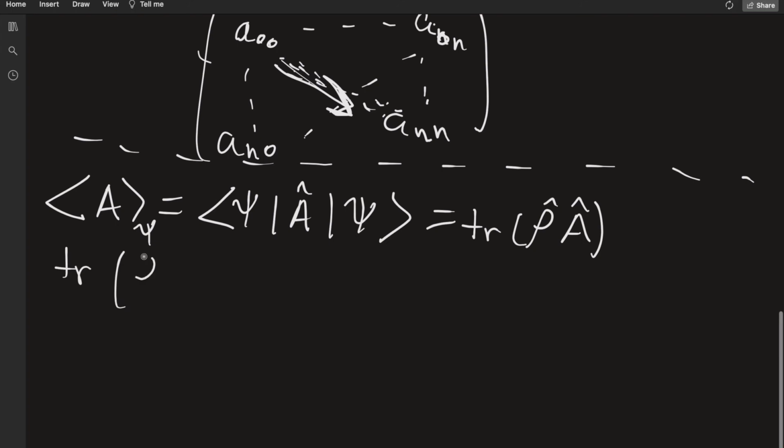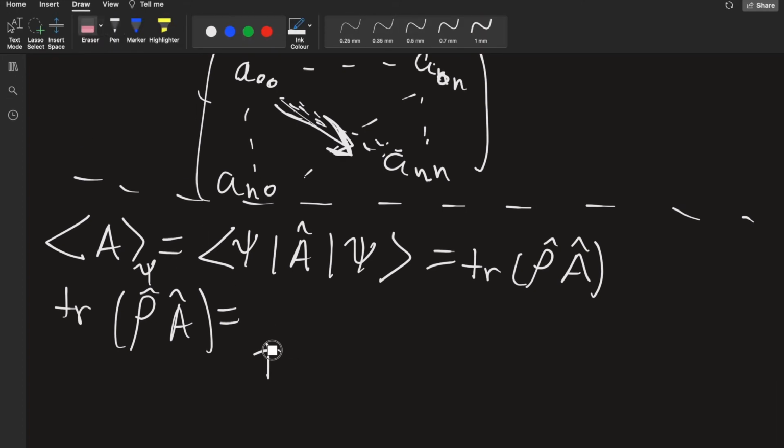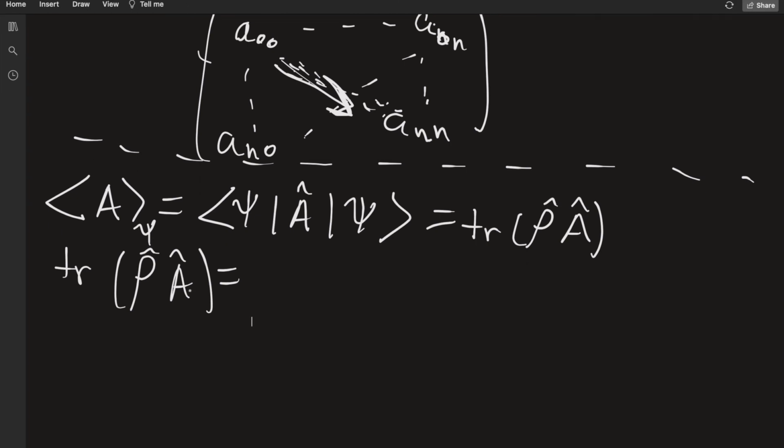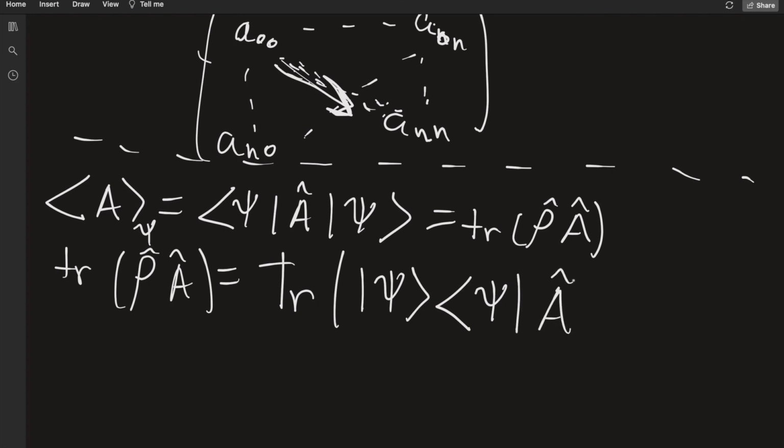Okay, so let's assume this, right? So the left hand side, or whatever. Sorry. Okay, so I have trace of rho A, right? This is just the definition of the density matrix that we defined above.